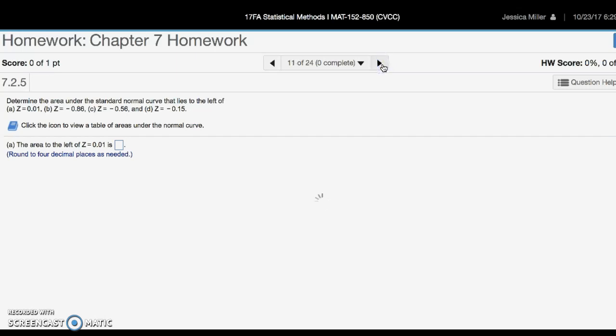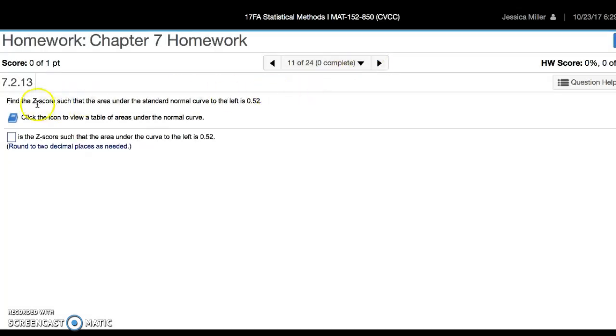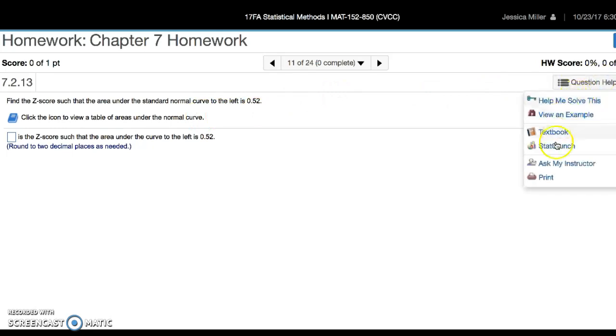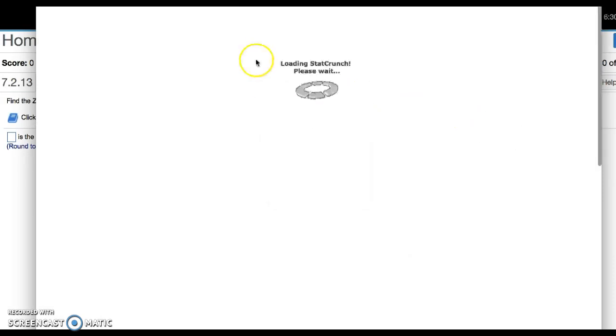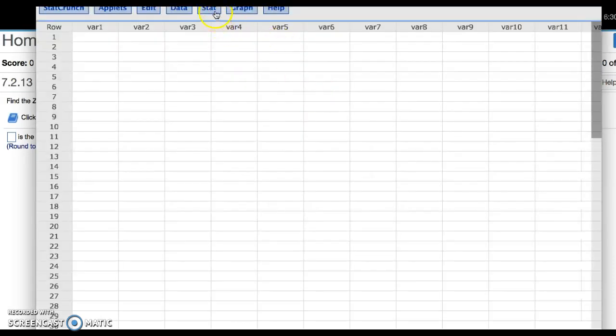The last thing I want to indicate is the backwards. You'll see some problems here that tell you to find the z-score instead of finding the area. You can do this in reverse just by inputting the information you know and asking StatCrunch to find the missing piece. So pull up your distribution again.